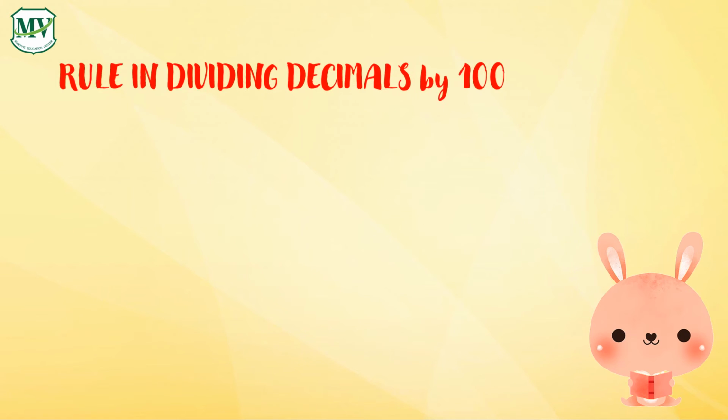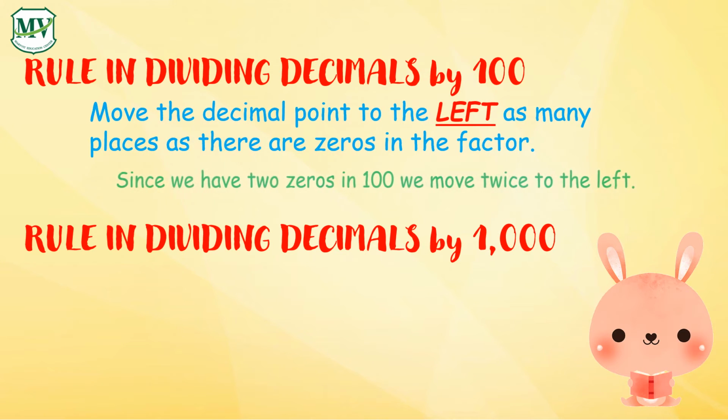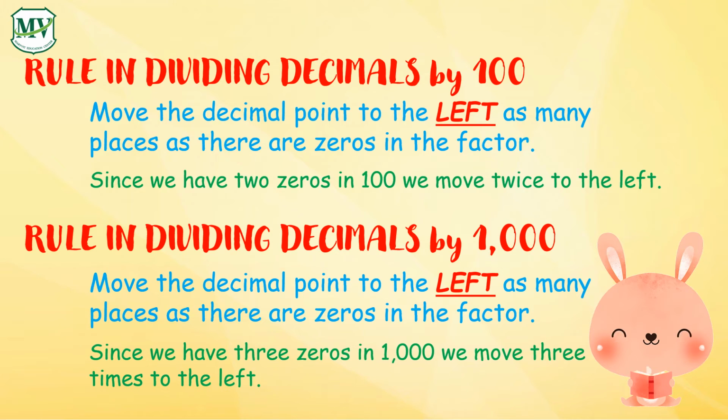Now we go to dividing by 100 and by 1000. Same rule like dividing by 10, but this time, since 100 has two zeros, we will move two times to the left. Same goes to dividing by 1000. Since 1000 has three zeros, we will move three times to the left.